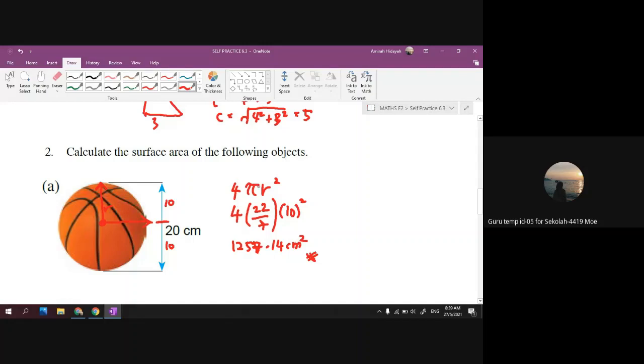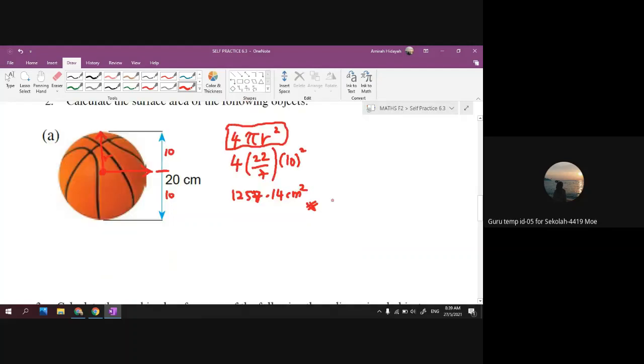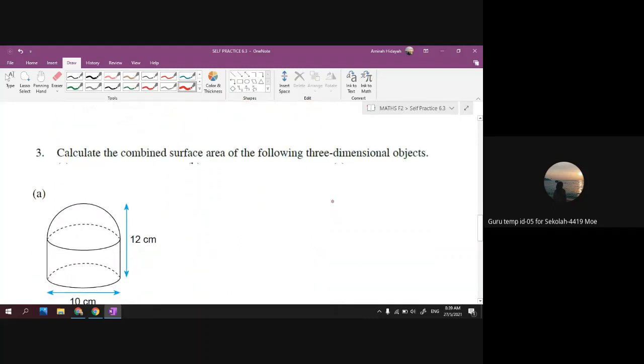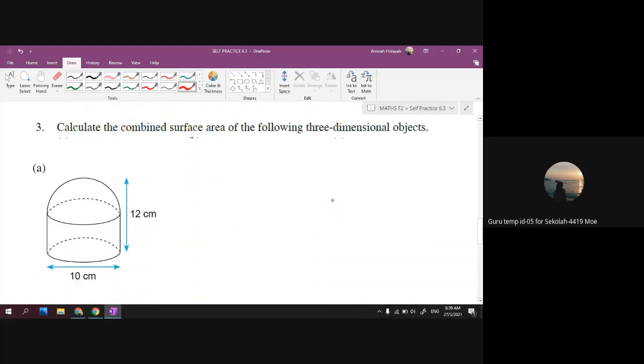So formula untuk cari surface area untuk sphere adalah 4 pi r square. Okay. Okay, so 3A ni, okay, it asks us to calculate the combined surface area of the following 3-dimensional objects. So yang ni adalah soalan untuk apa yang kamu belajar dalam kelas hari Selasa.